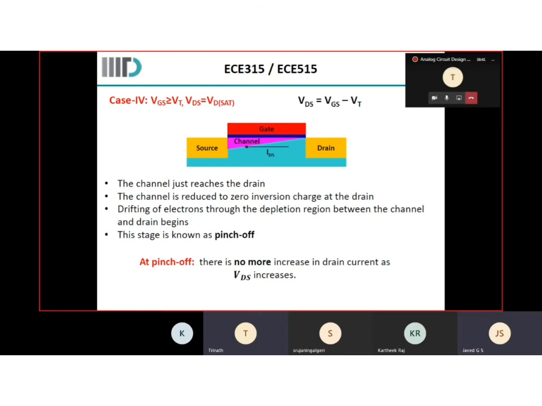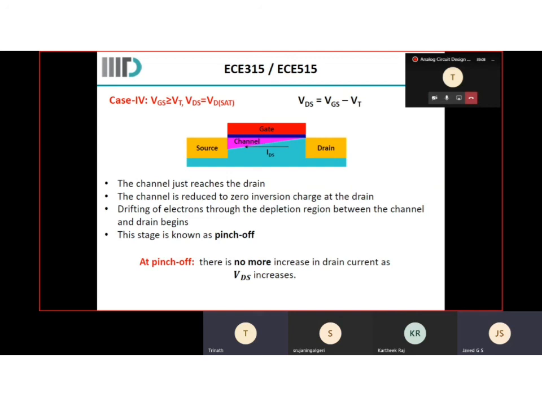This is similar to a resistor as the channel is formed. So when the channel is formed, as drain has higher potential and source has zero potential, the gate to source drop will be similar to before, when no voltage is applied. But here the drain has positive potential, so the drop will keep decreasing as you go from source to drain.